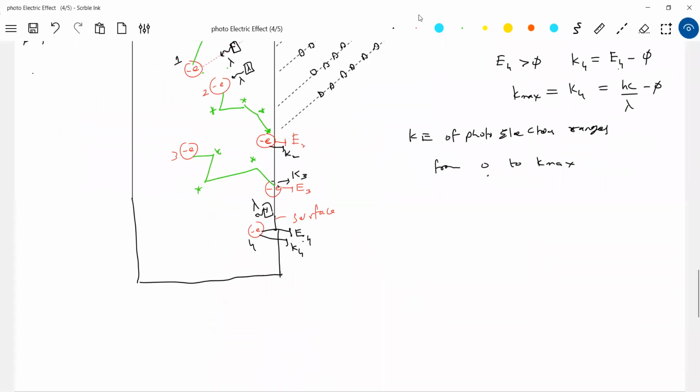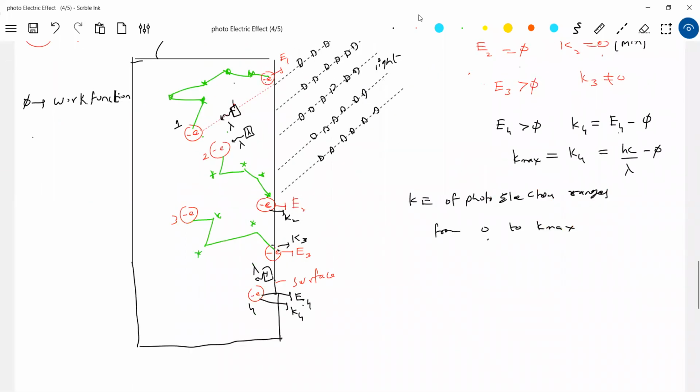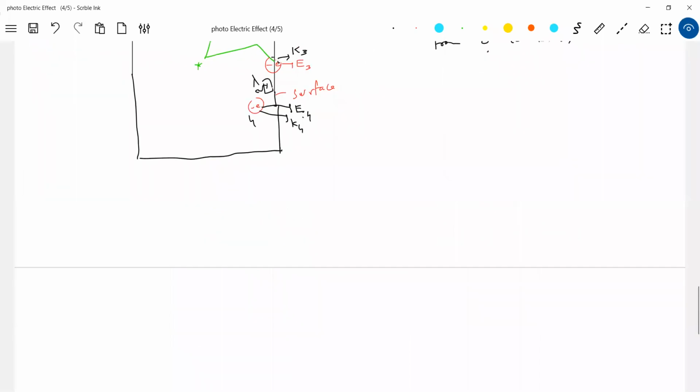Now, when a photon is incident on a metal surface, after what time will the electron get ejected? Instantaneously, or will there be any time delay? Okay, let's go back to classical mechanics, what we know from classical mechanics. So I do have a light source.